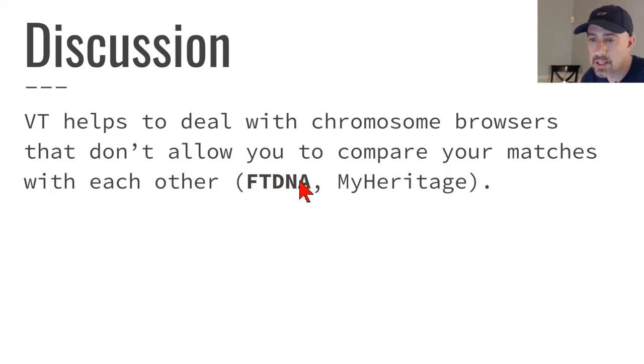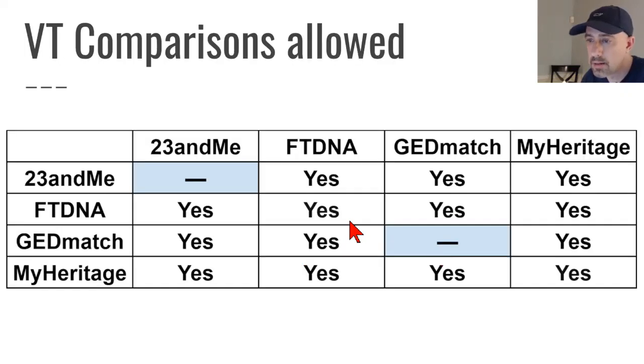So visual triangulation is really going to play a big role with your matches at Family Tree DNA if you're working as hard as possible to put those matches into context. And this basically summarizes the fact that visual triangulation comparisons really open up a huge number of doors.